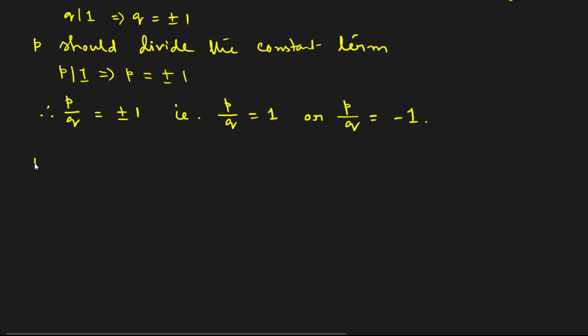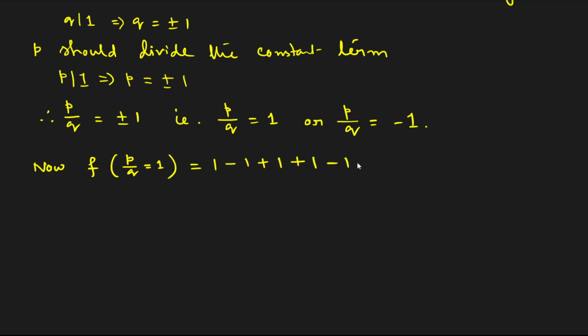So let us suppose now f of p by q equals 1. First we are putting 1. The first term is x to the power 1000, x is 1, so it is 1. Then x to the power 500: 1 to the power 500 is 1. Then 1 to the power 100 is 1. Then plus x, which is 1, and then minus 1. Is it clear to all of you?